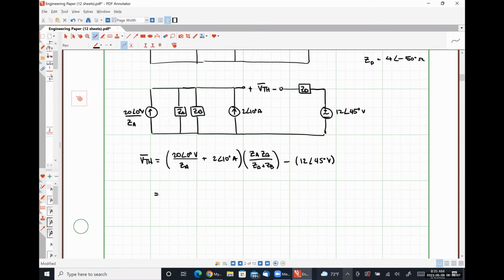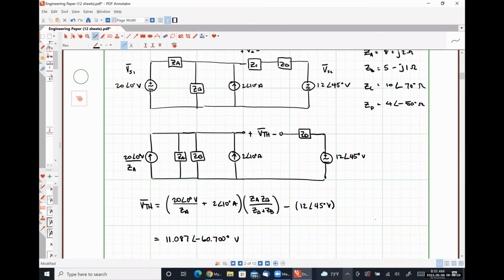And I get a Thevenin voltage of 11.087 angle negative 60.700 degrees. So that's my Thevenin voltage.